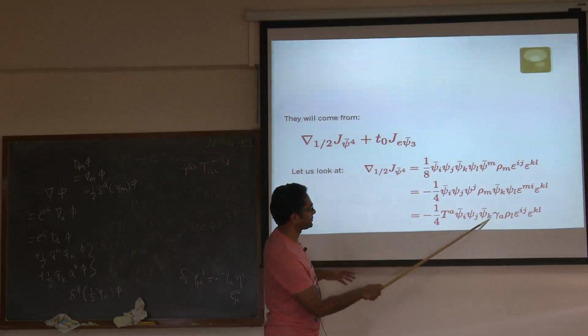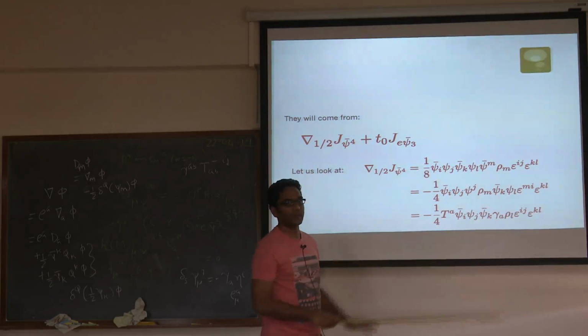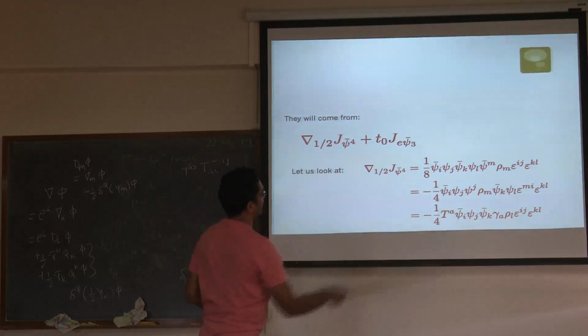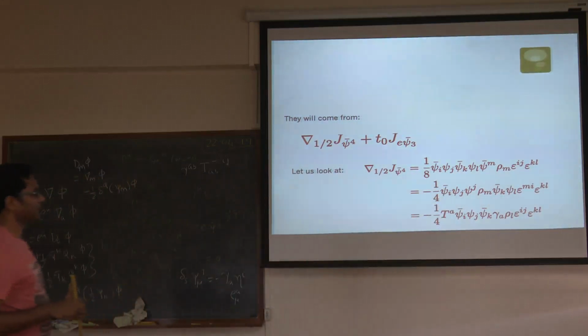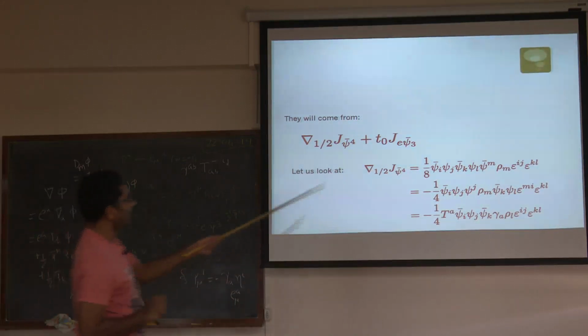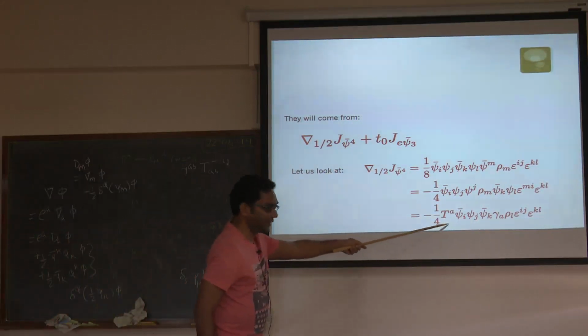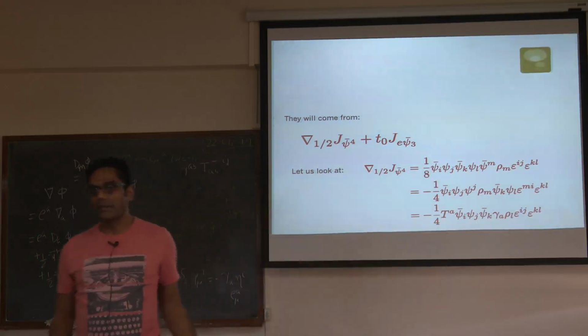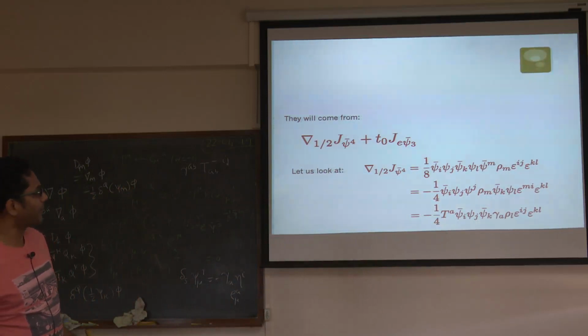So you have a psi bar k gamma a rho l. I have done some rearrangement of indices, renaming of indices, and so on. But it's a standard exercise to do this, and what you observe is that delta half of this is not 0.